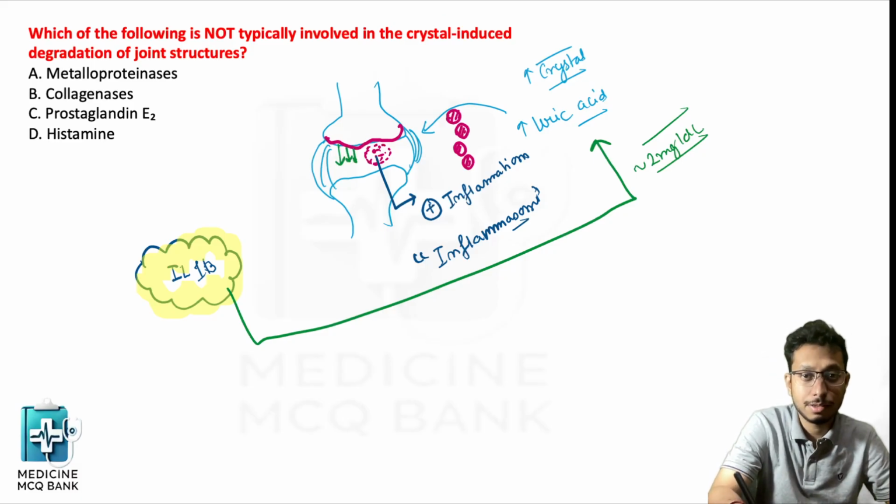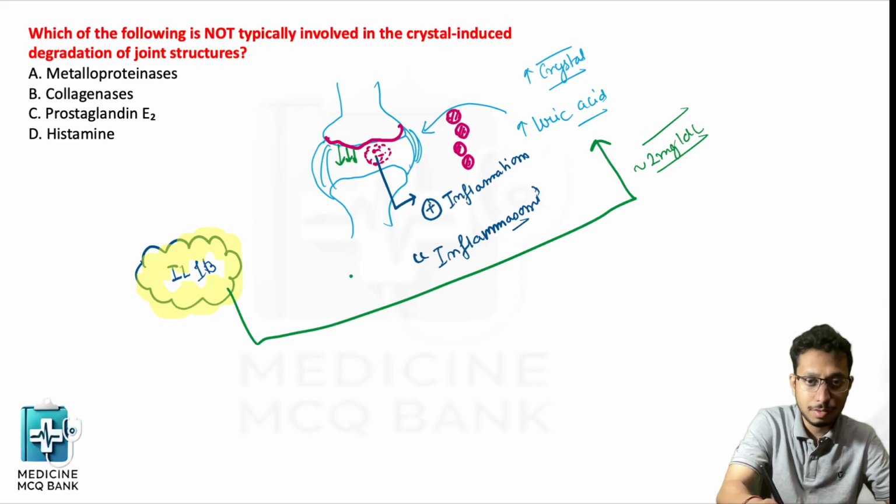So what does interleukin 1 beta or this crystal in the joint space cause? It causes damage to the cartilage.